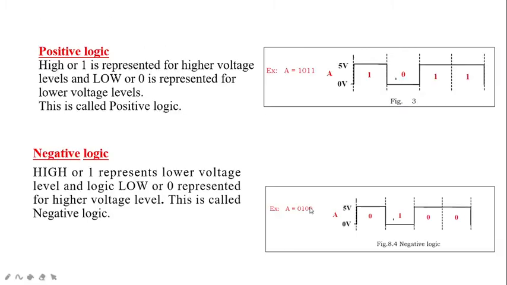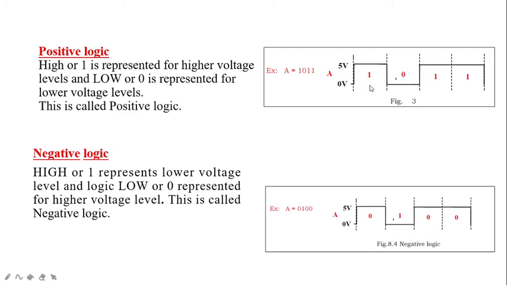Now going forward, there is something called positive logic and negative logic. See this figure 3. Here we know that 0 and 5 volts are plotted. Now we can see that a bit 1 or the high represents 5 volts.